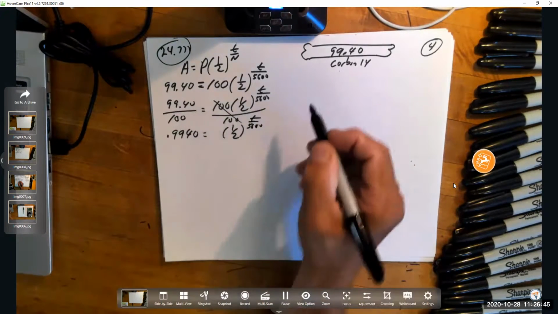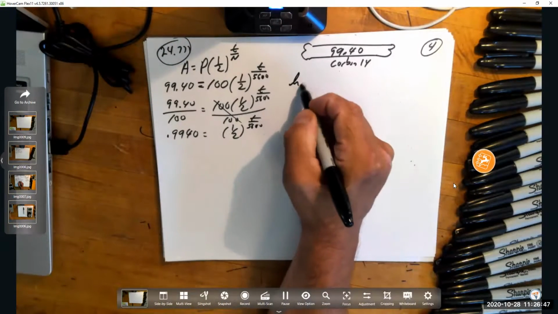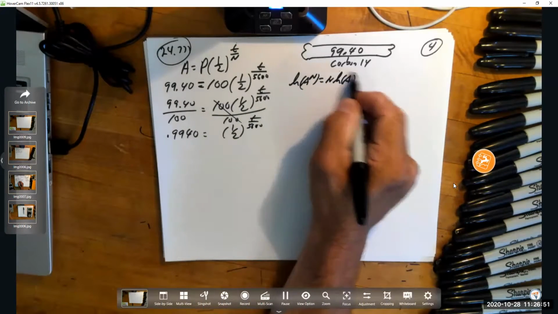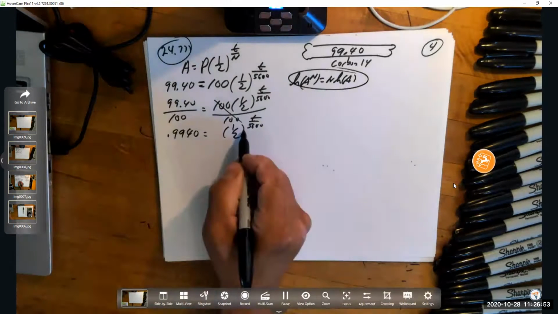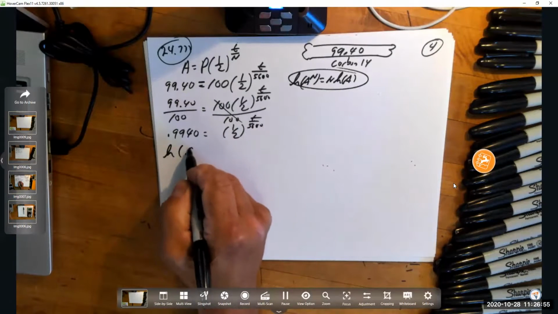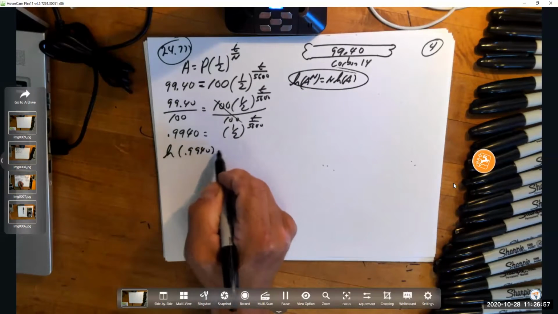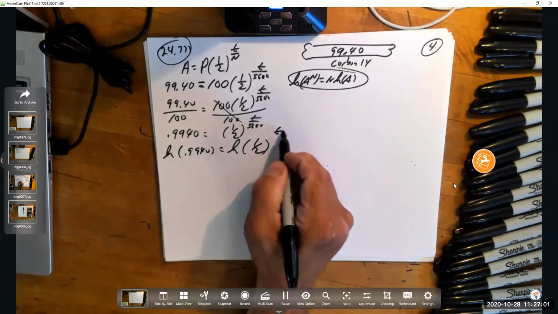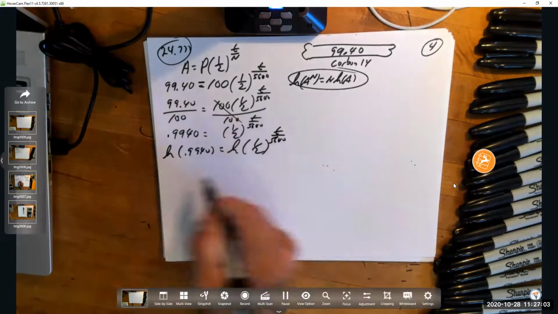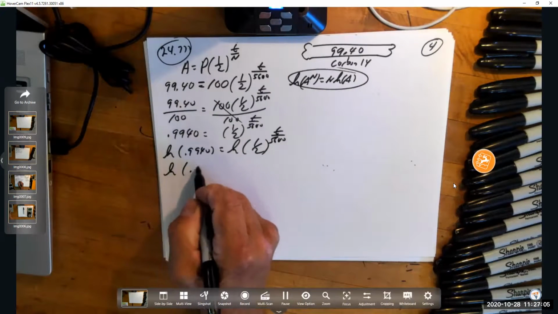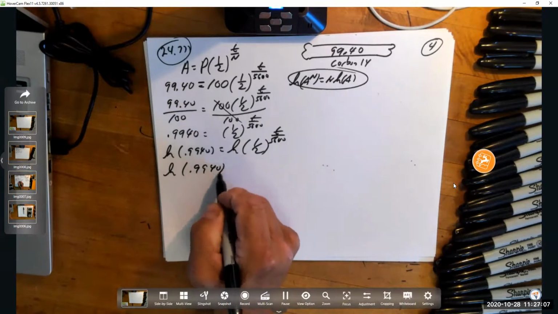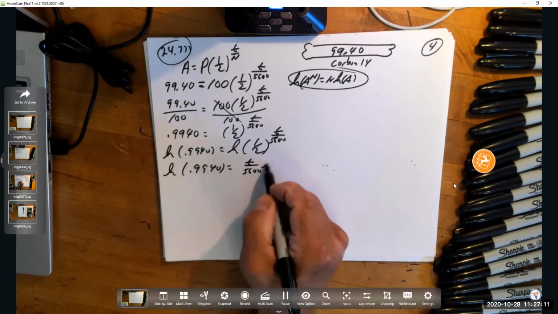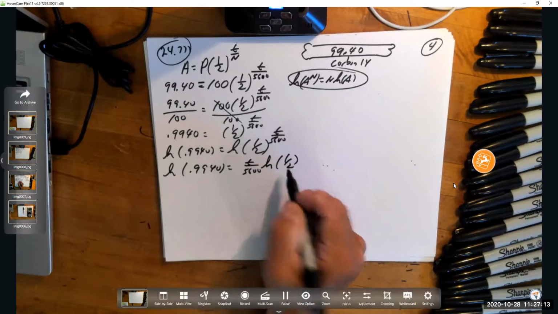All right. So now I'm going to take the ln on both sides. It's going to flip this thing right here in the front. ln of A. So I took the ln of this number, 0.9940, and ln of this number. Same thing over here. Okay, so now ln of 0.9940 equals t over 5600 times ln of half.